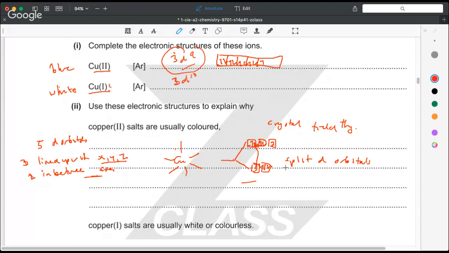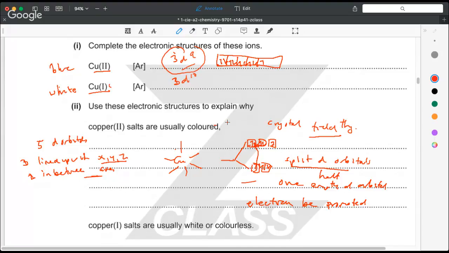So we've got the crystal field theory, we've got the split of the d orbitals, we've got one empty, sorry, half empty d orbital, and an electron can be promoted. And what happens as it's promoted is that it absorbs a photon of a particular color of light, and that means that some of the light of a particular frequency is absorbed, leaving the other frequencies that you see.